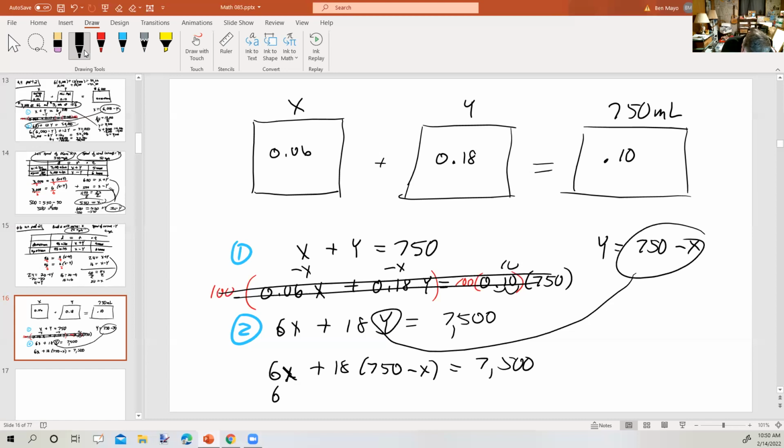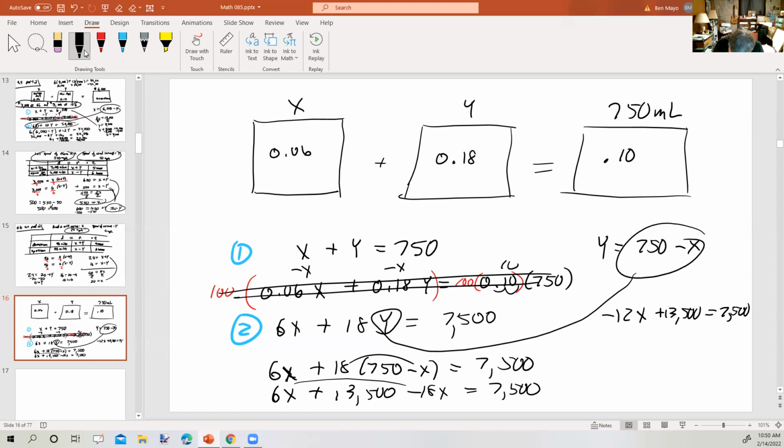Okay. 6x plus, let's see, 18 times 750 is 13,500, and then minus 18x equals 7,500. Combining like terms, I get negative 12x plus 13,500 equals 7,500.